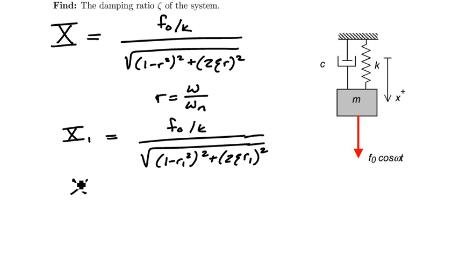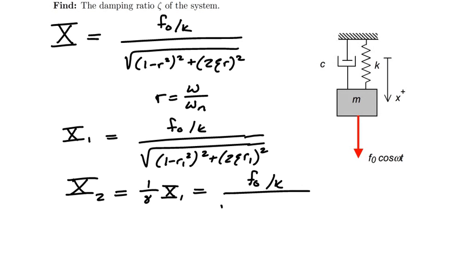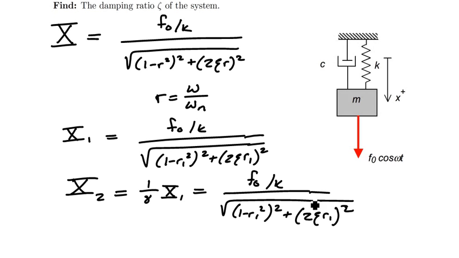And I know then that x2, which will equal in this case, as stated in the problem statement, 1/8 of x1, is going to equal F0 divided by K, divided by the square root of quantity 1 minus R2 squared, squared, plus quantity 2 zeta R2, quantity squared. And actually I shouldn't say R1 here, but rather R2.